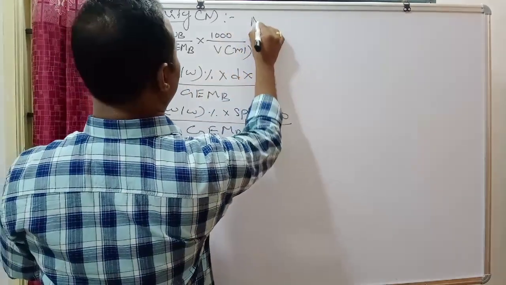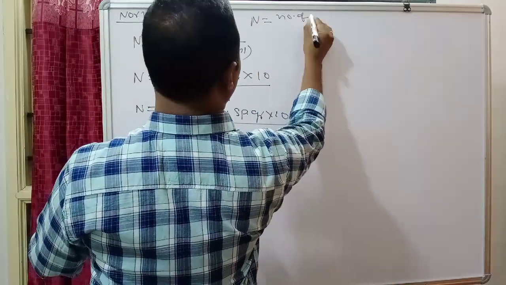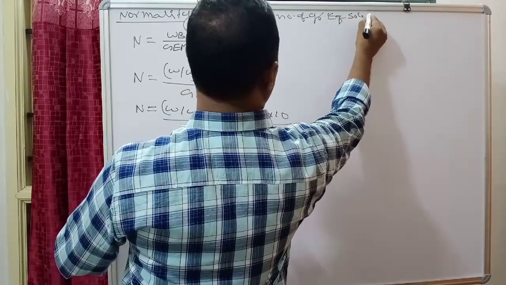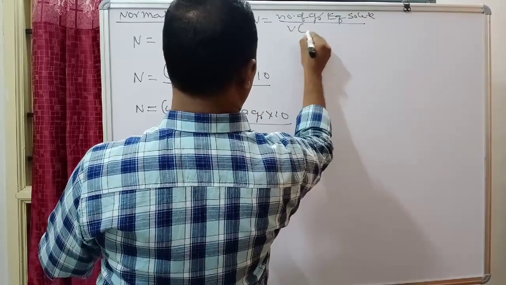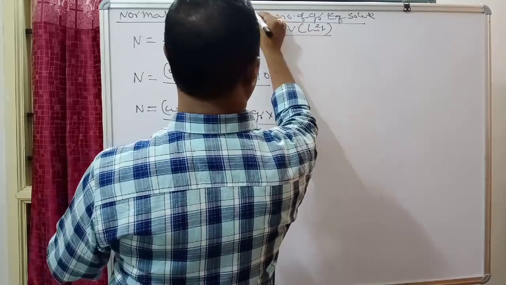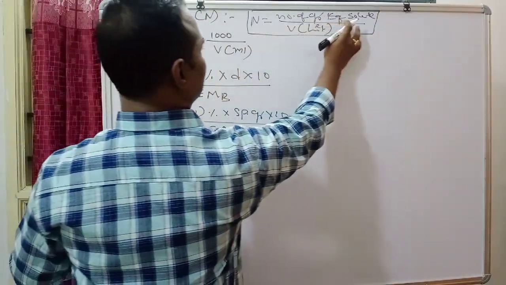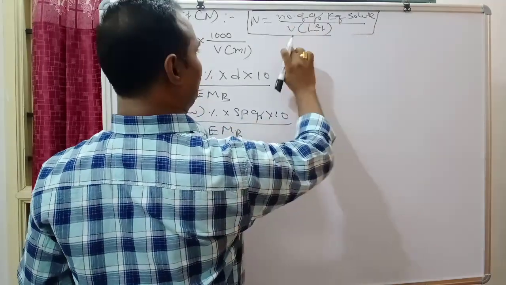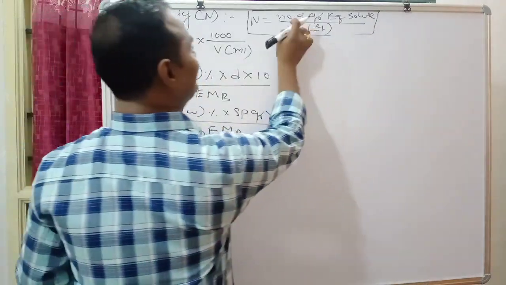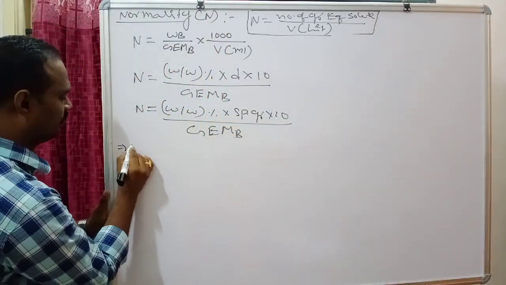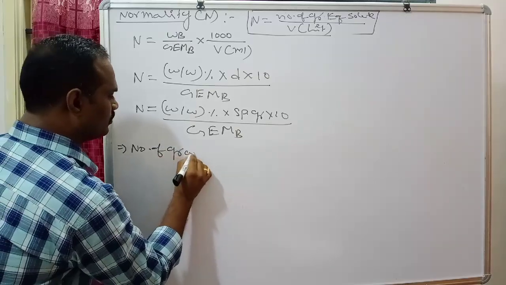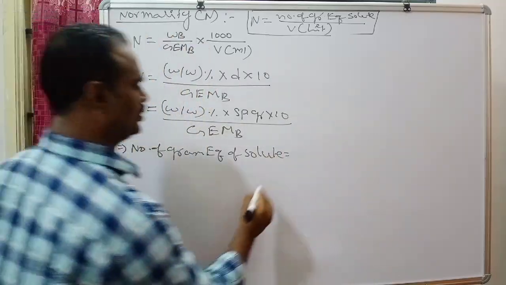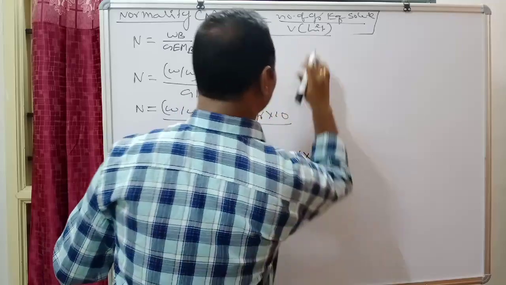Next, sir, the basic formula: normality is equal to number of gram equivalents of solute by volume of solution, that is, number of gram equivalents of solute present in 1 liter of solution. Suppose you want the number of gram equivalents of solute: number of gram equivalents of solute is equal to normality into volume, taking volume to the side.